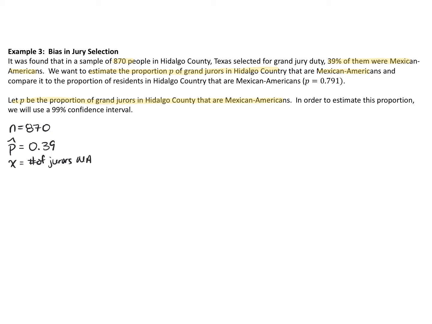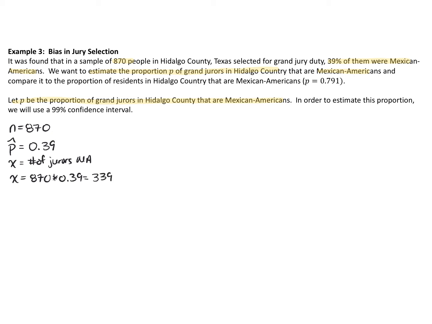If our sample size is 870 and 39% of them are Mexican American, then x is simply 870 times 0.39, which tells us that out of 870 jurors, approximately 339 of them were Mexican American.